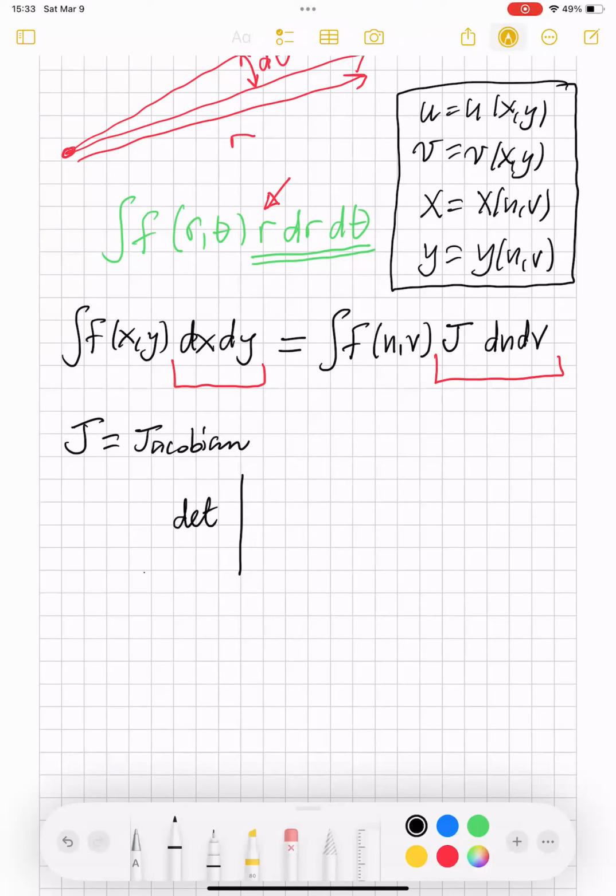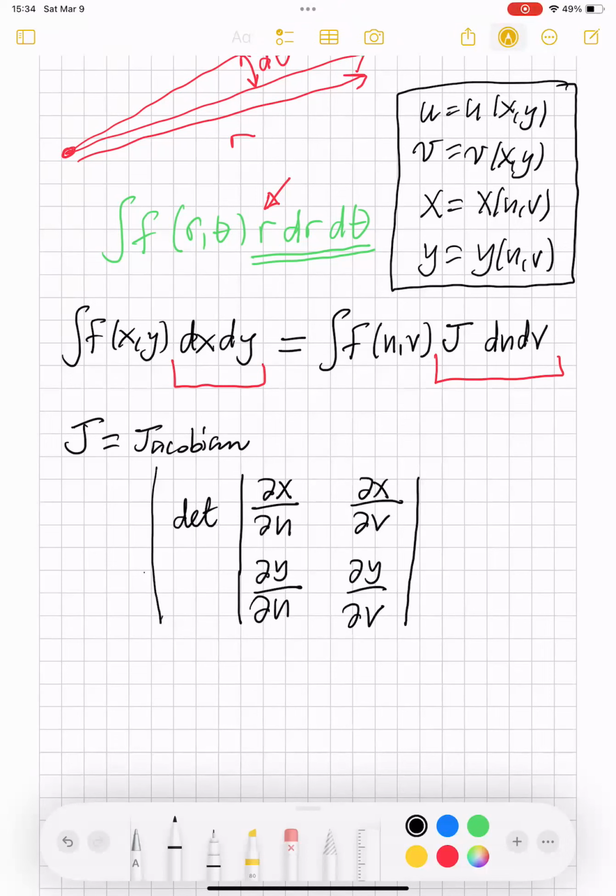The Jacobian is given by the determinant of the matrix with entries dx/du, dx/dv, dy/du, dy/dv. So you calculate that determinant, and after you've calculated it, you take the absolute value.